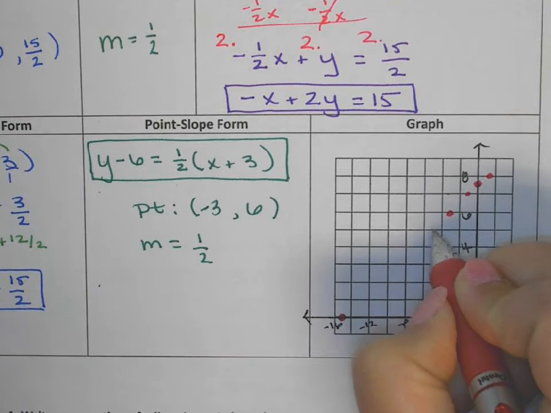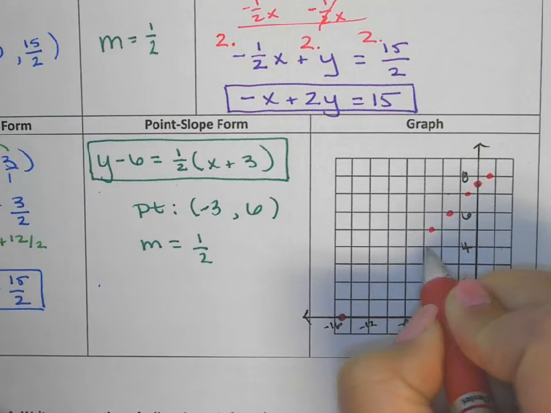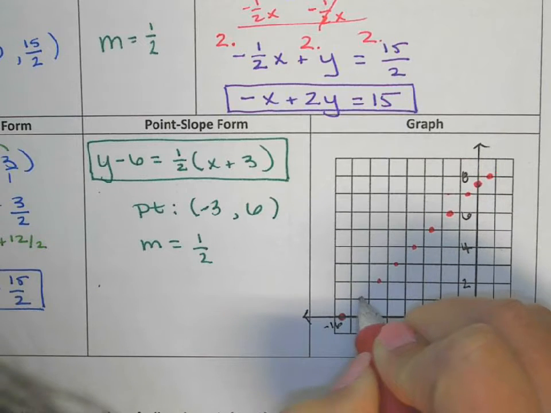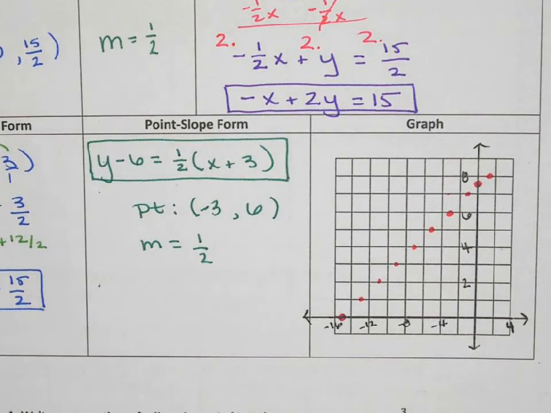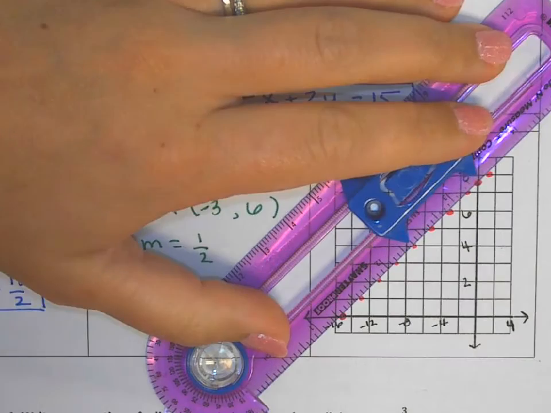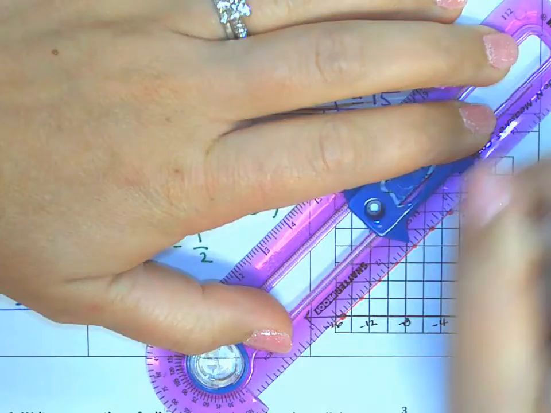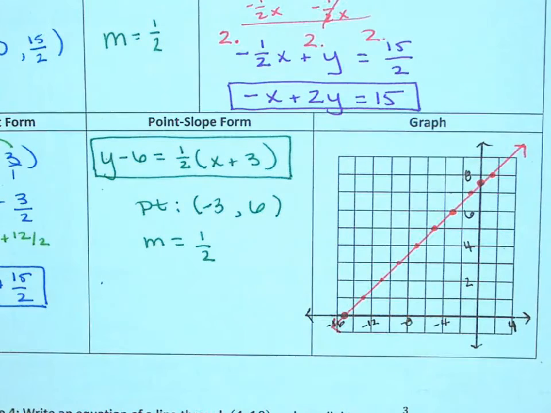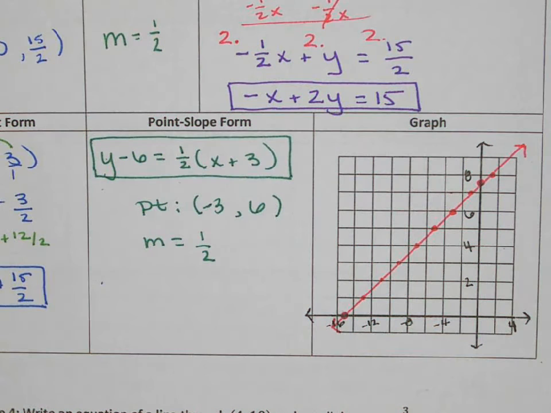Down 1, left 2. Down 1, left 2. Down 1, left 2. And eventually I would have hit that other point also. So just because it doesn't look like it has a slope of 1/2, it does. It's because my scale is not just 1. So there's my graph for that.